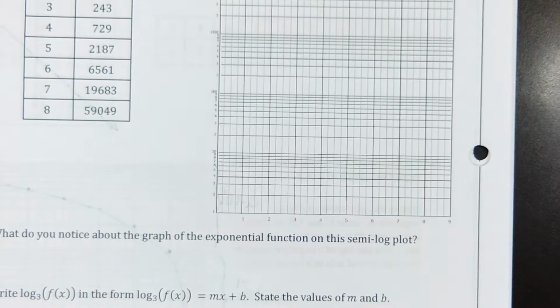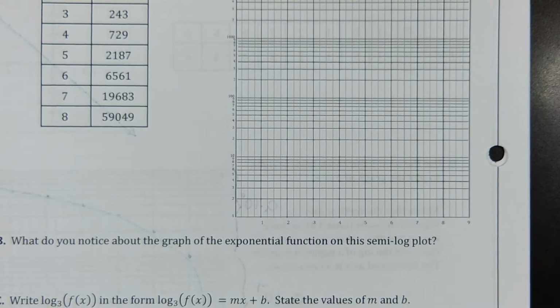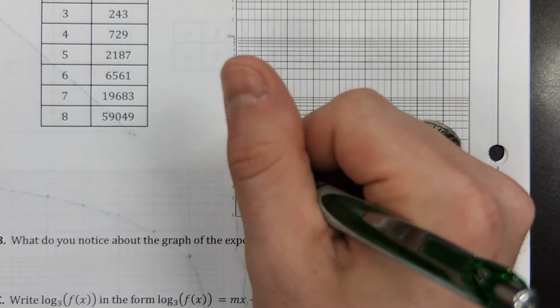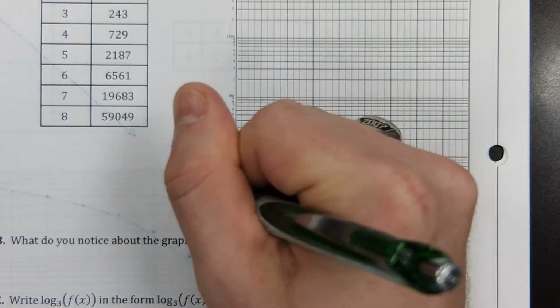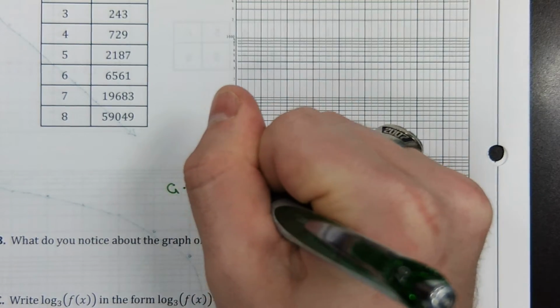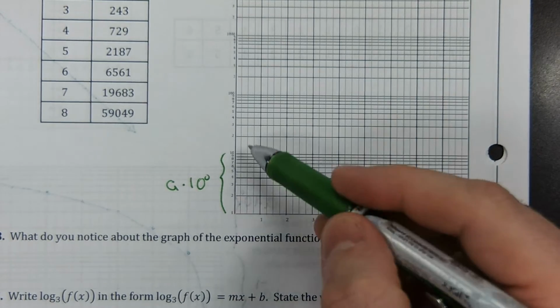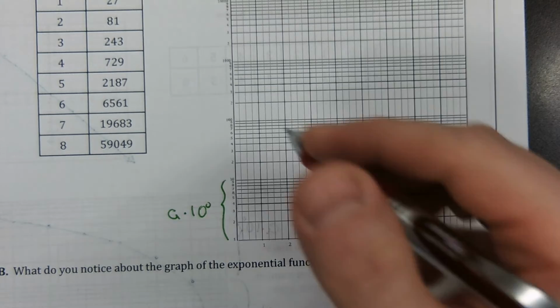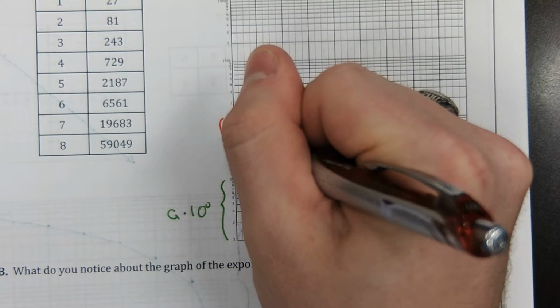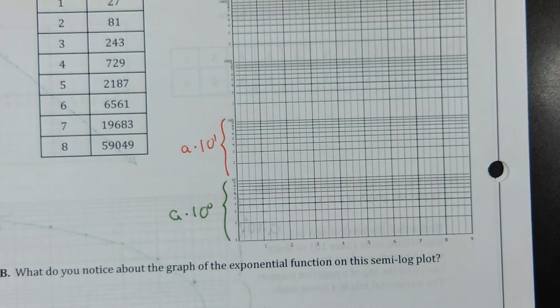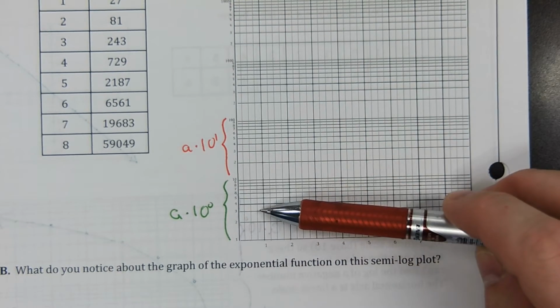So this semi-log plot is showing us multiples of powers of 10. These are the multiples of 10 to the 0, because 10 to the 0 is 1. So these are the 1s. These are multiples of 10 to the 1, the 10s. So this is the numbers 1 through 10.